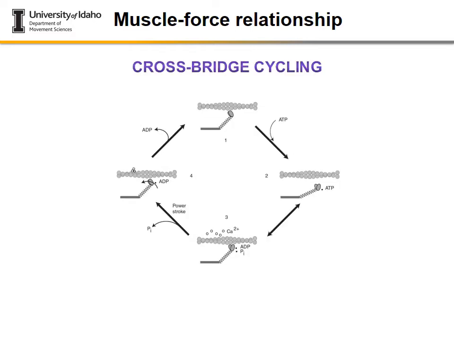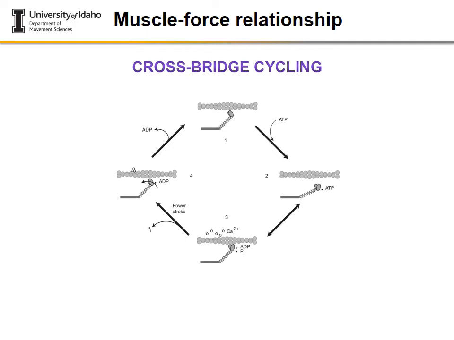Here is another depiction of the cross-bridge cycling and how it looks. You can see how it goes clockwise, starting at 1, coming around the circle. This is that little loose binding that I talked about in the last slide, where the myosin head comes up and already has a loose binding to the actin.